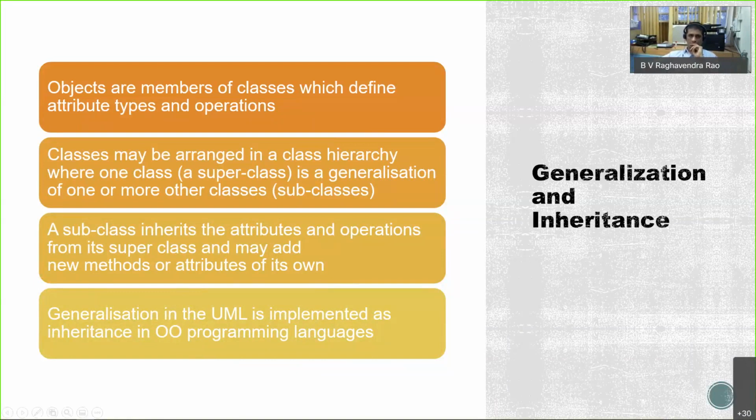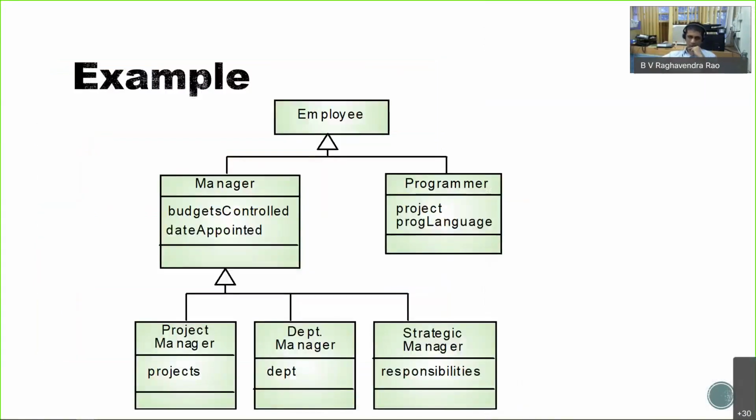We have seen the advantages of inheritance or generalization. I'll also touch upon the limitations. Before that, this is an example of an inheritance structure. We have already seen this kind of thing. Employee, then manager is an employee but with an additional feature. Programmer is an employee, and among managers there could be a department manager, a project manager, or a strategic manager.